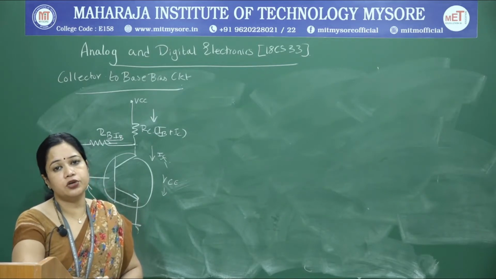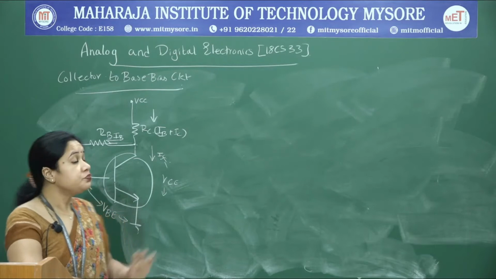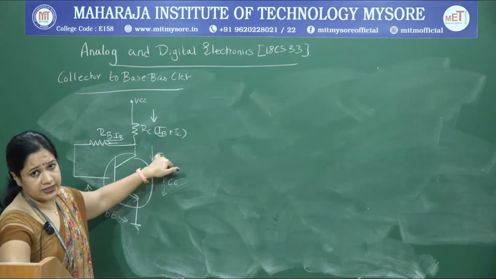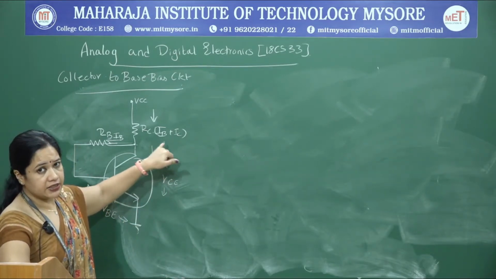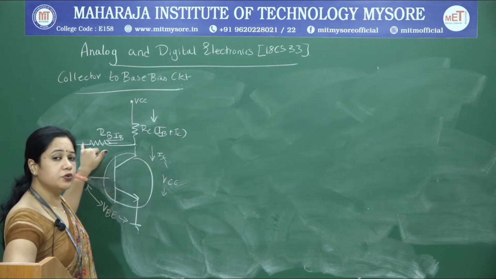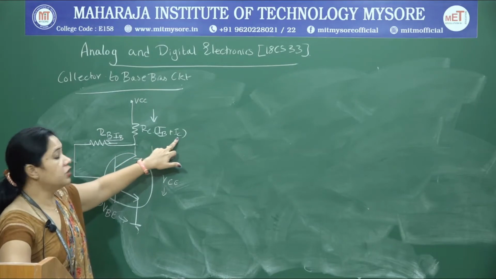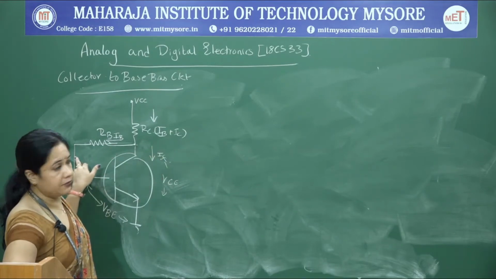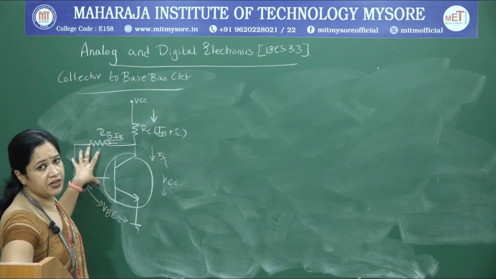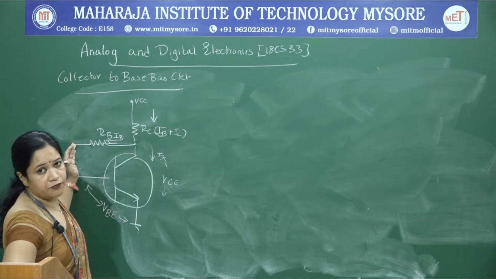To do so, we need to determine IC as well as IB. IC is the collector current or output current, which is equal to the base current times the gain. So in order to determine IC, I need to determine IB, and where do we find IB? IB we find in the input loop of the circuit.